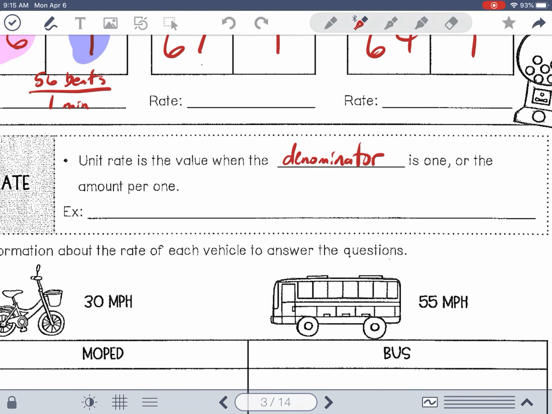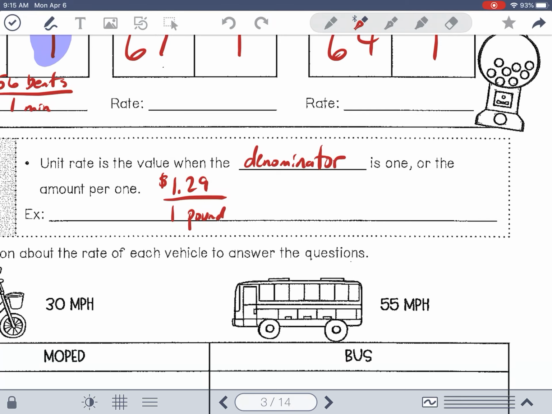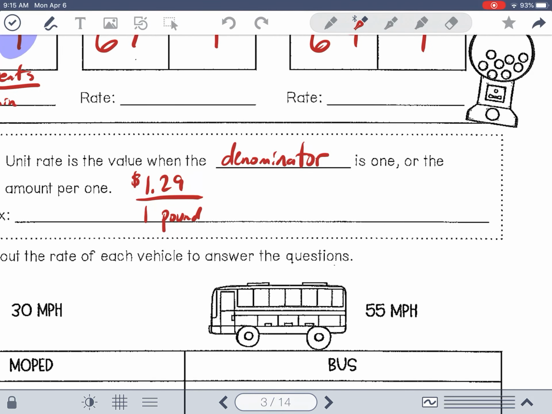For example, if you go into the grocery store and you see that bananas are $1.29 per 1 pound, that is a unit rate. How much is it going to be if you bought 2 pounds? Well, you'd multiply $1.29 times 2.